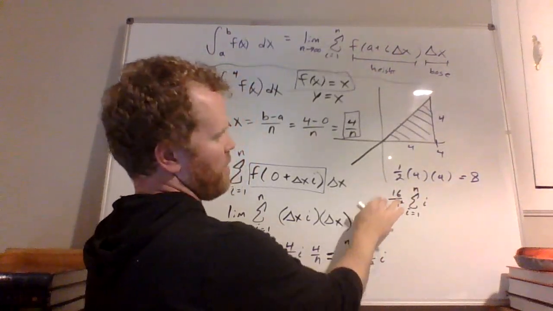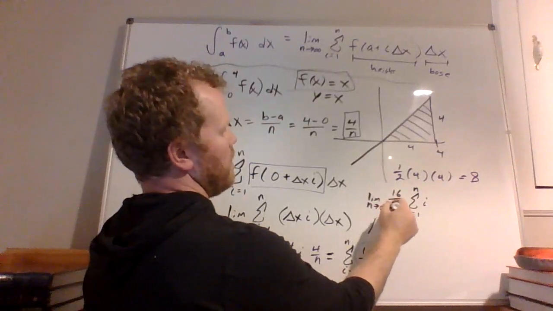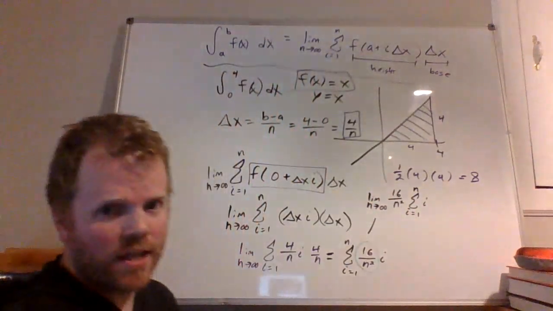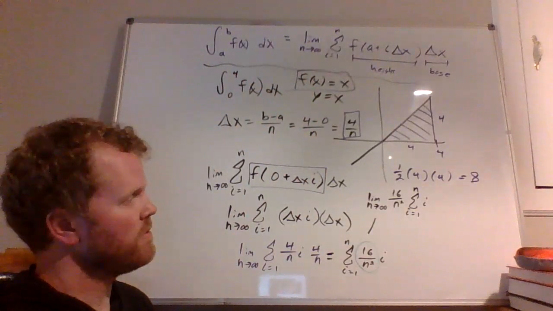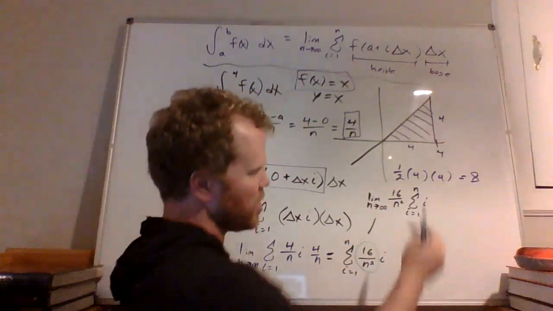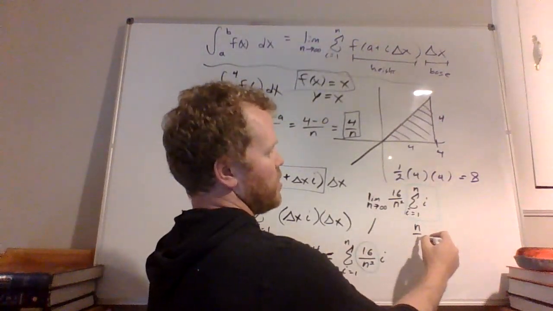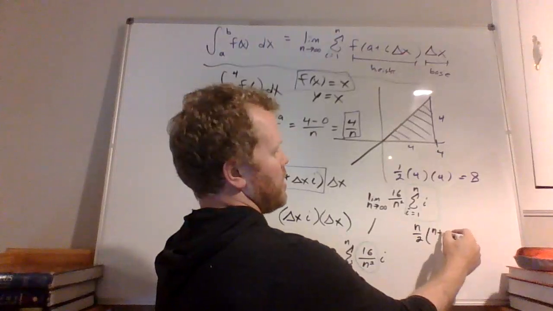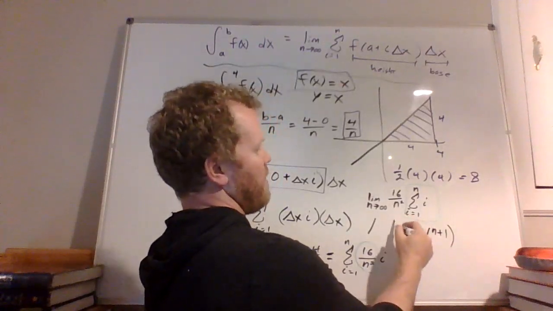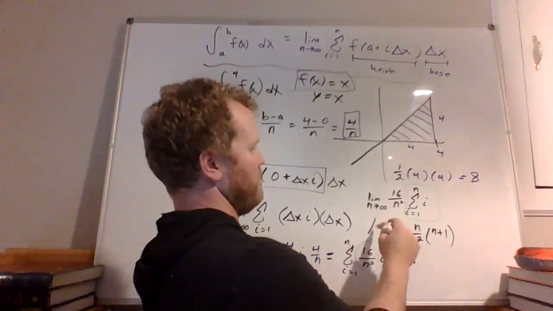I'm kind of being lazy, I almost lost my limit. So we get this. Makes the limit a little easier to do. And then that second thing, we just talked about how there's a formula for this thing. This guy's formula is n over 2 times n plus 1. And then we have this 16 over n squared. And then we just have to do this limit.